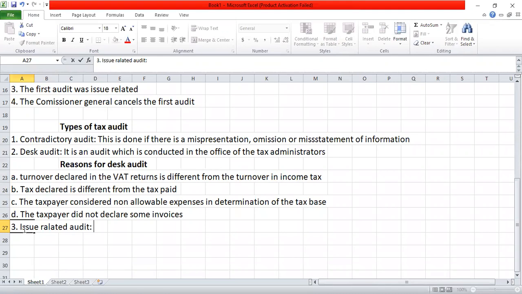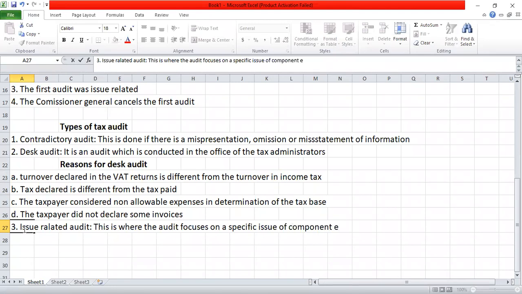That is what is called an issue related audit.